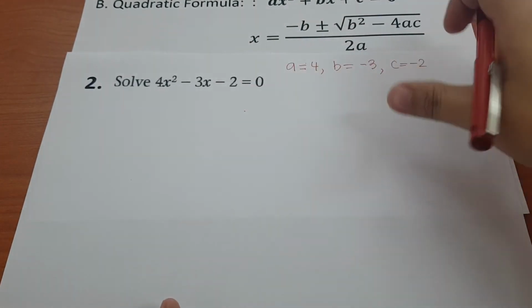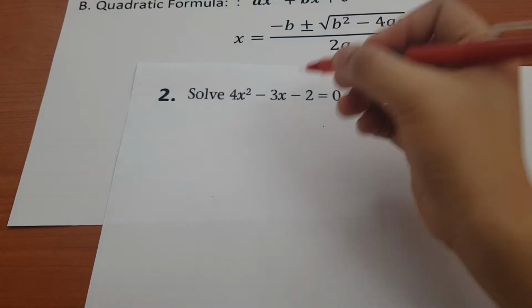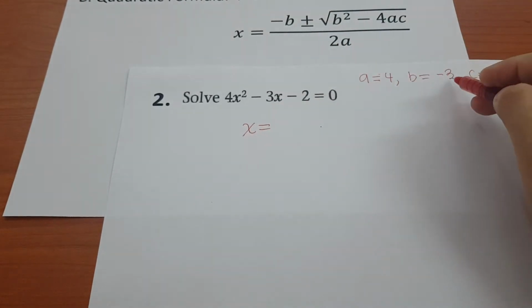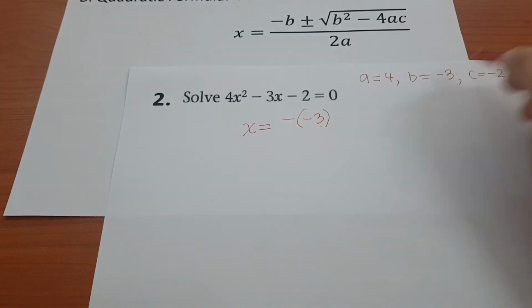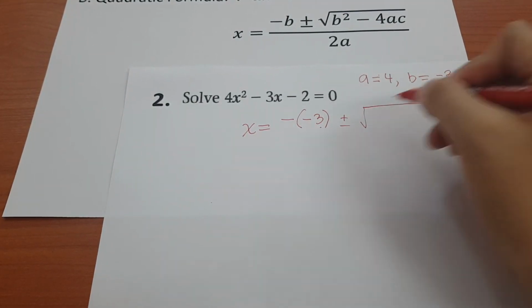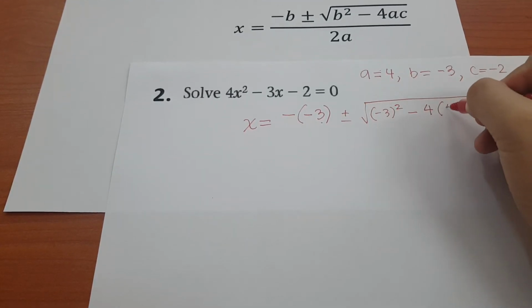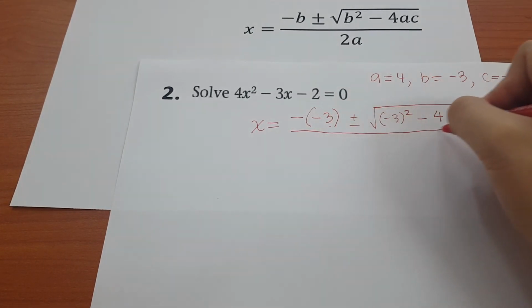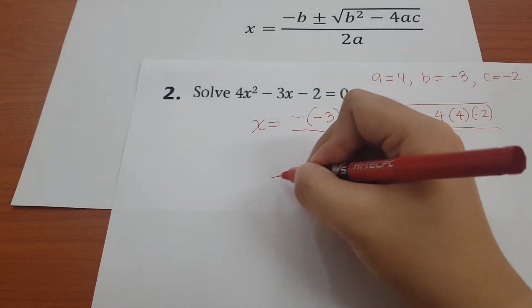x is equal to minus b, so minus the value of your b, which is minus 3, plus and minus the root of minus 3 squared minus 4ac, where c is minus 2, all over 2a. And then we'll simplify.